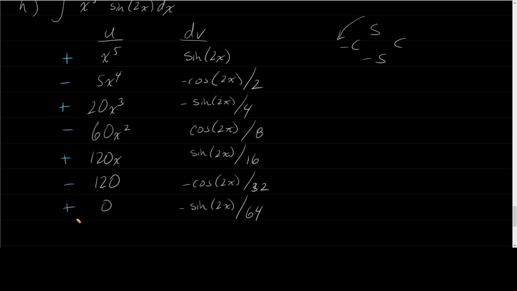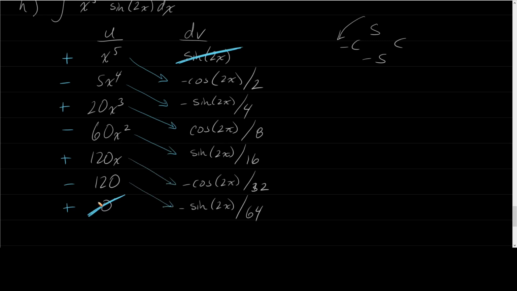The next thing we're going to do is ignore the first dv as well as the last u. We're going to ignore every single one of those. After that, we're going to multiply diagonally: these two together, then these two together, then these two together, and so on and so forth.